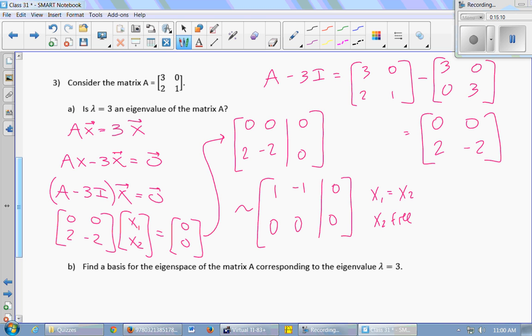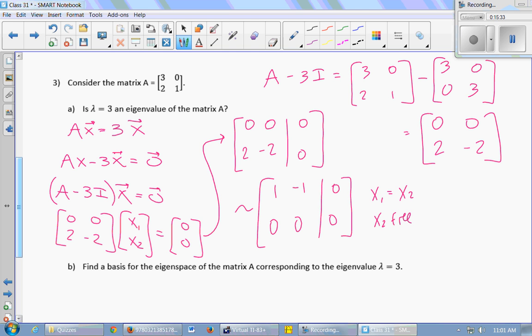Any vector where your two entries are equal is going to be an associated eigenvector. So yes, it's an eigenvalue because there is a non-trivial solution. There is a vector other than (0, 0) that will make this equation true.